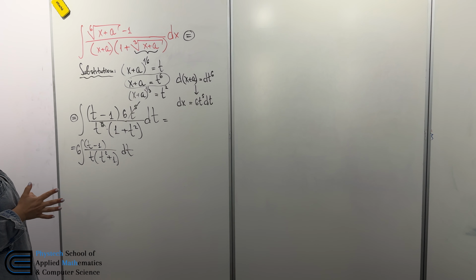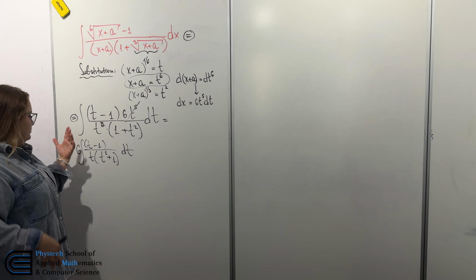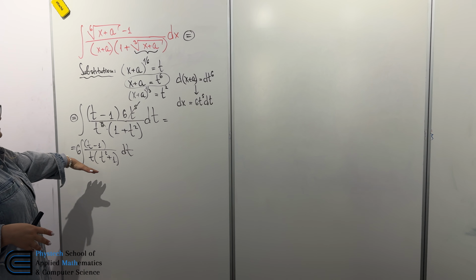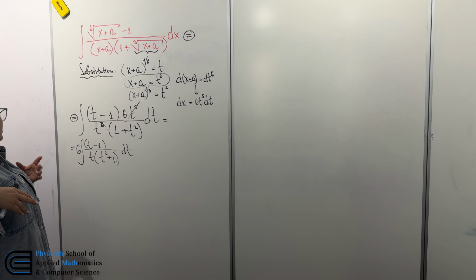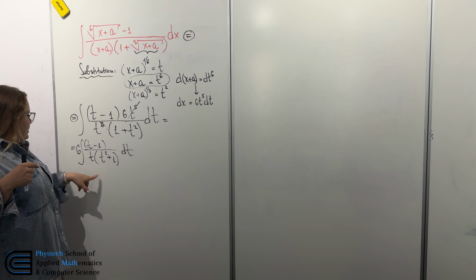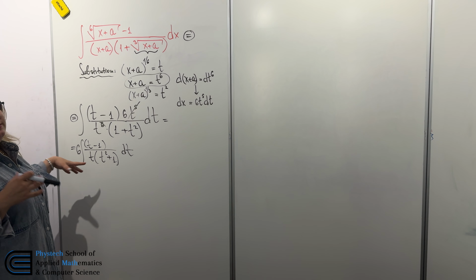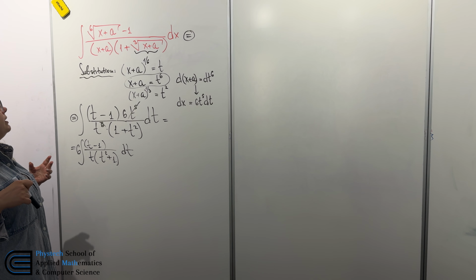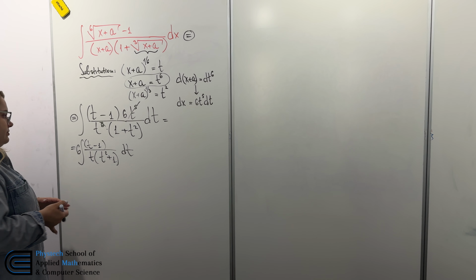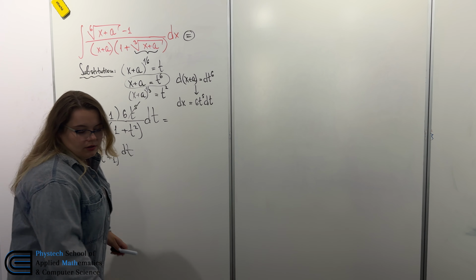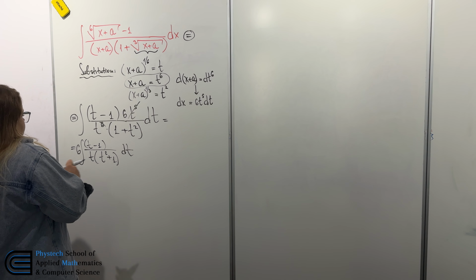And now we will integrate this function by partial fractions. So we have a fraction t minus 1 divided by this denominator, which we can represent as a sum of other fractions. So let's do it. I think I will take another color.